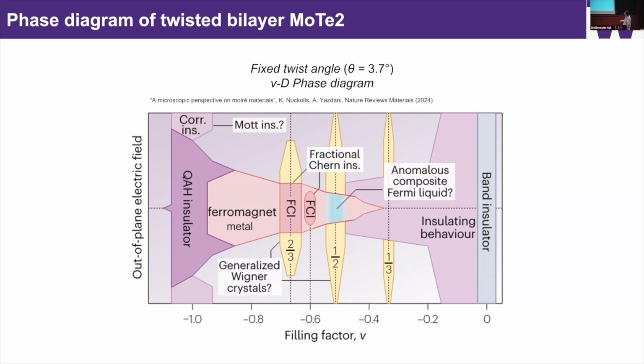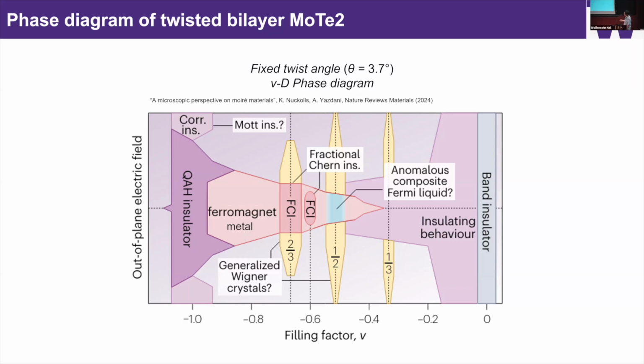In this phase diagram, you will see that for the first Chern band at filling factor -1, you have this quantum anomalous Hall insulator. By applying this electric field, you can go to this correlated insulator, which I believe is a Mott state. Then at the filling factors -2/3 and -3/5, we have this FCI state. But by application of electric field, again, there's a phase transition to a charge order state.